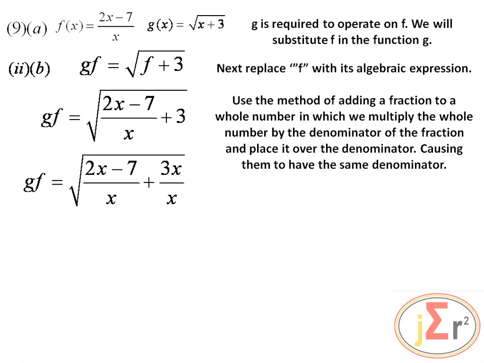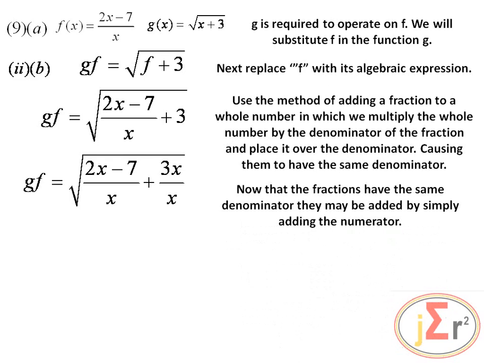Let us do that. So here we have 2x minus 7 over x. What do we have here? 3x over x. But if we cancel this, it is the same as 3, so we are sure that it is equal to 3. But it has the same denominator as the fraction that we have here. It therefore can be easily added to that fraction.